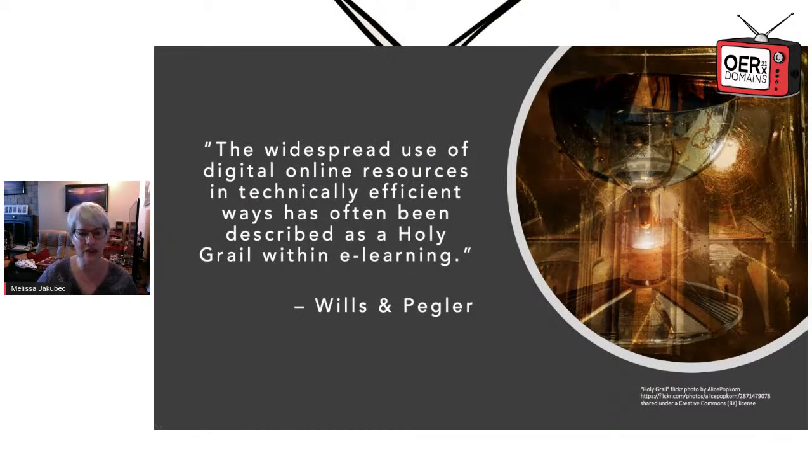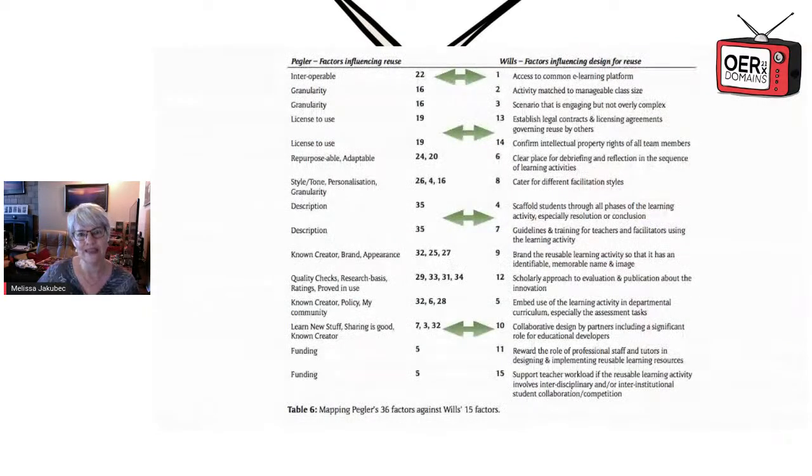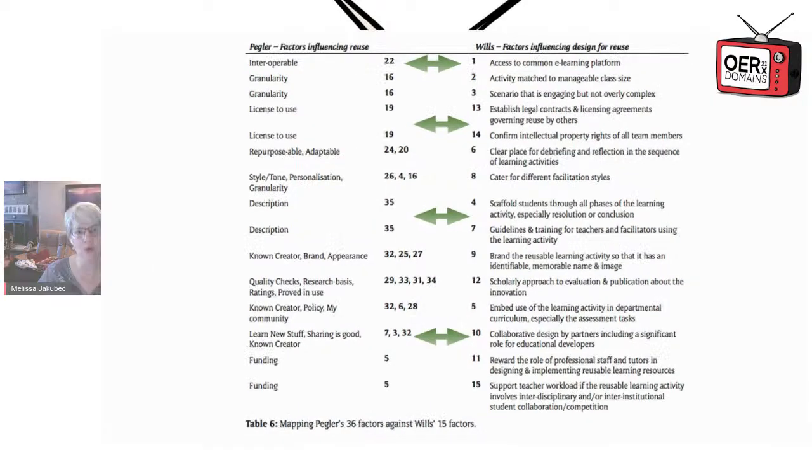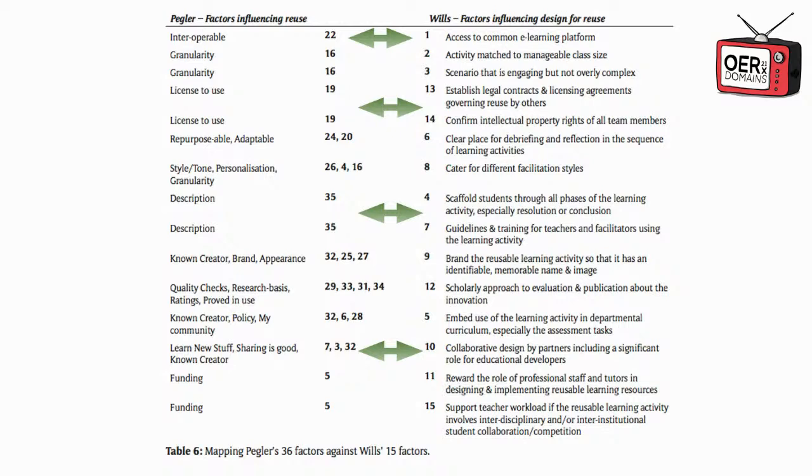So I started to look for that holy grail, and they noticed in their study a bunch of factors that influenced whether or not an OER was actually reused. I picked out four of these as being particularly important, and considered those when developing the design for my resource.